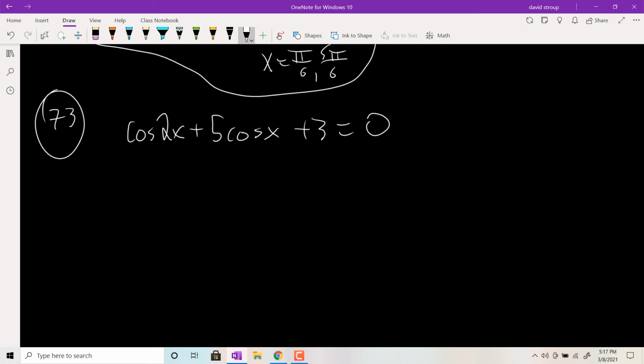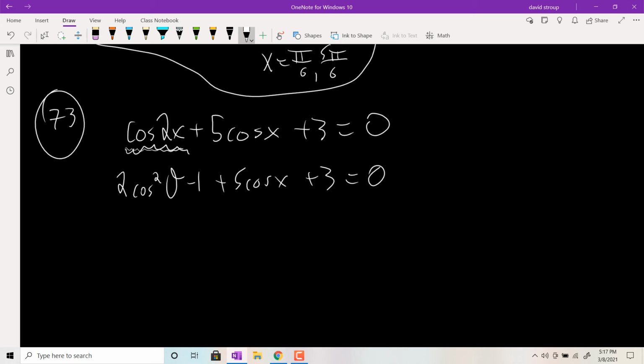You could turn this one into a quadratic if you do an identity on cosine 2x. The identity for cosine 2x, one of them, is 2 cosine squared theta minus 1. Okay, and then plus 5 cosine x plus 3.